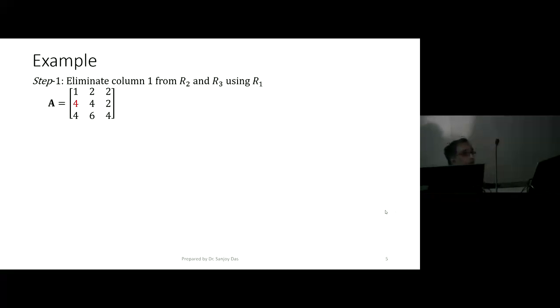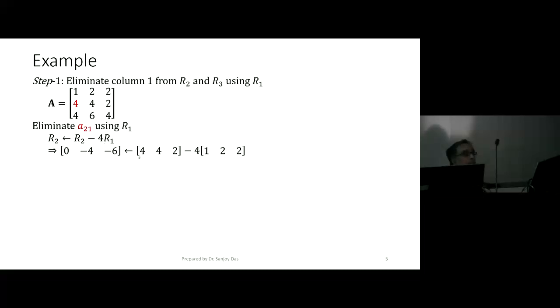Numerical example. Step 1: first I want to eliminate this 4 using row 1. What should I do? I just subtract 4 times row 1 from row 2. So row 2 becomes R2 minus 4 times R1.